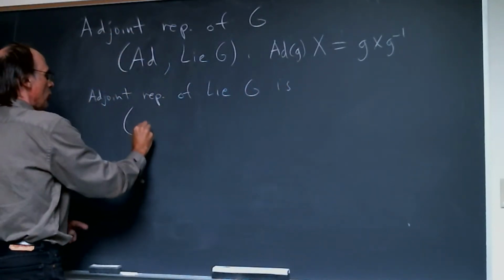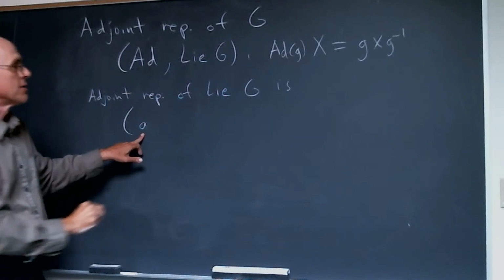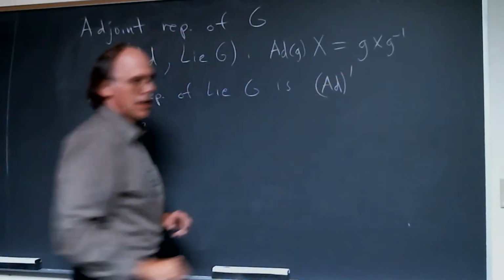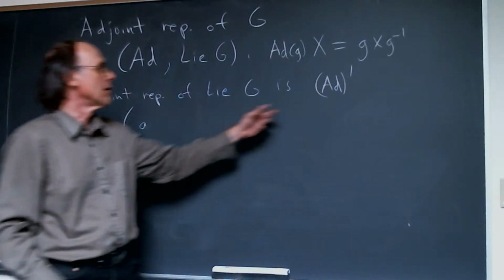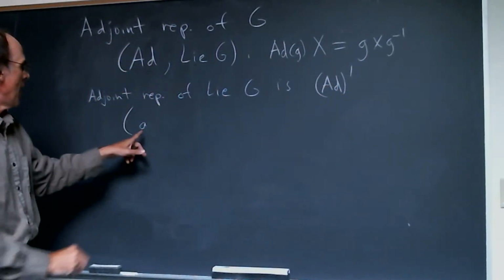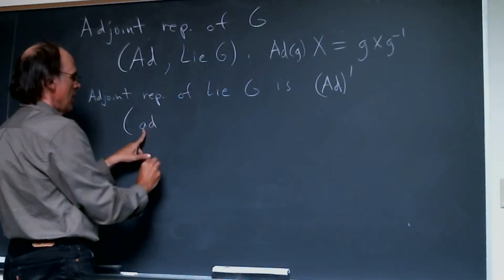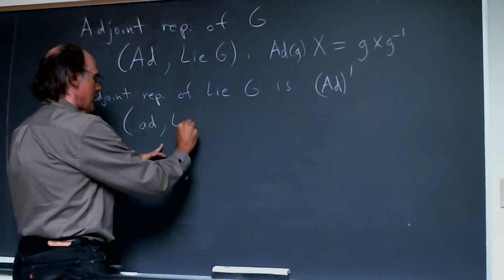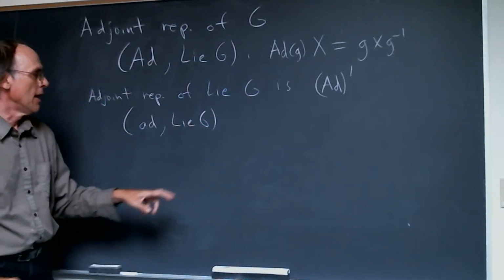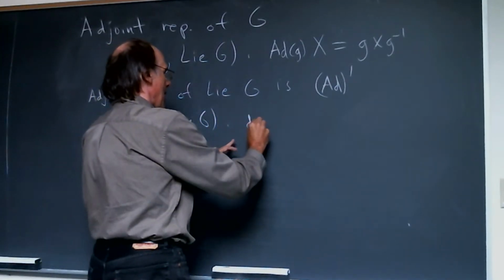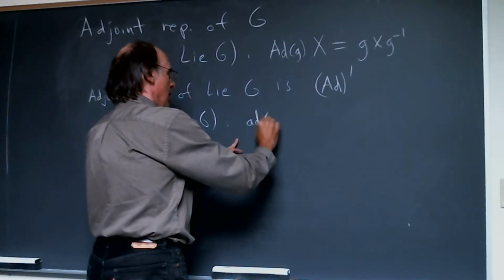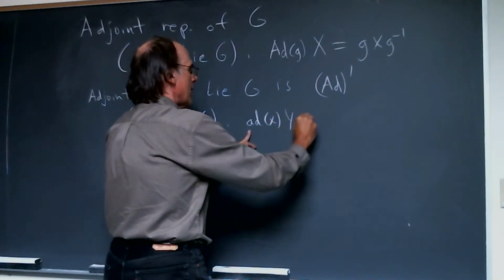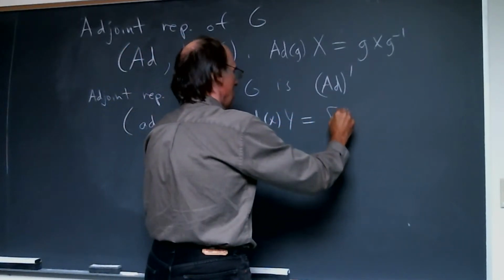This will be written with a small a, and in some sense it's just this Ad prime. It's just the derivative of this guy, and you write it with a small ad. Again it operates on the Lie algebra, and the way it operates is that ad of X applied to Y is just the commutator [X, Y].